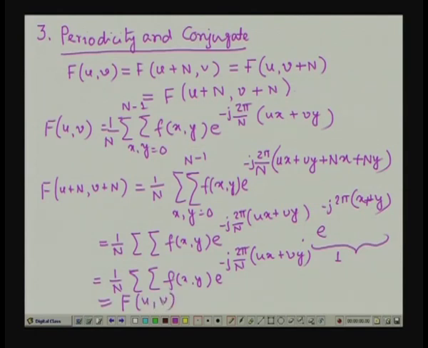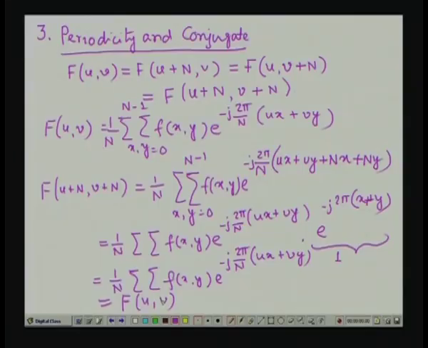So, as we said, the discrete Fourier transformation is periodic with period capital N, both in the u direction as well as in the v direction, and that can very easily be proved like this.